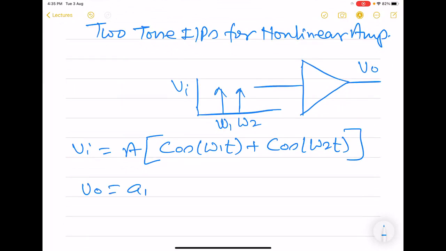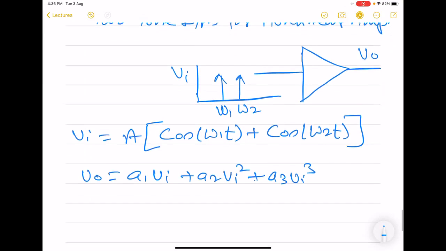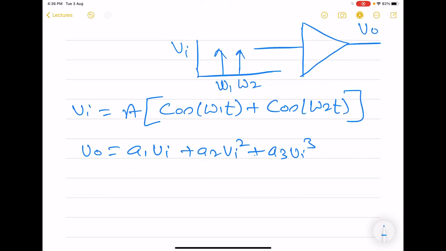is going to be given by this expression. So we will see that in this case, we will get certain other type of frequency component on the output side, and they are called intermodulation products.